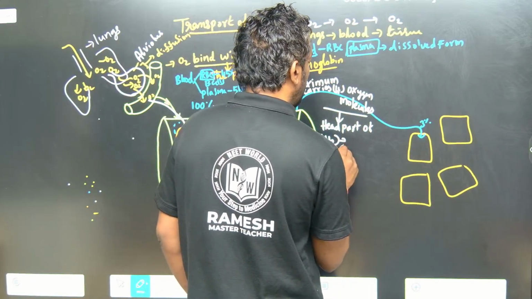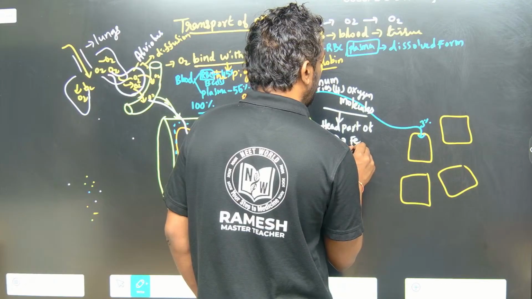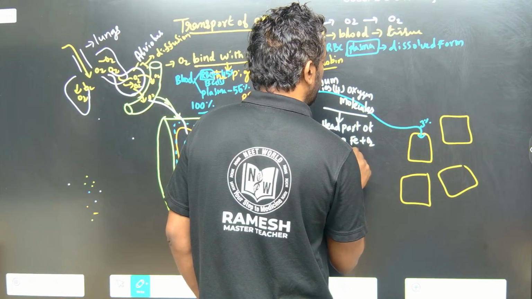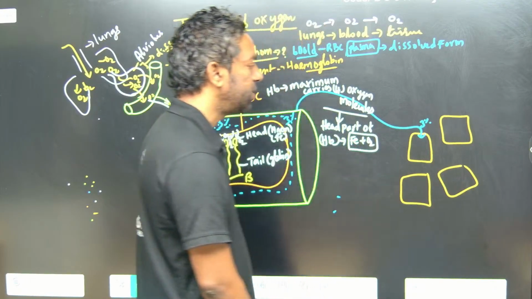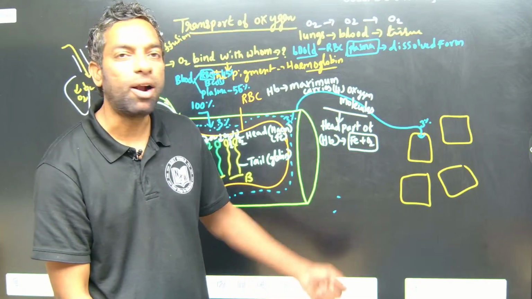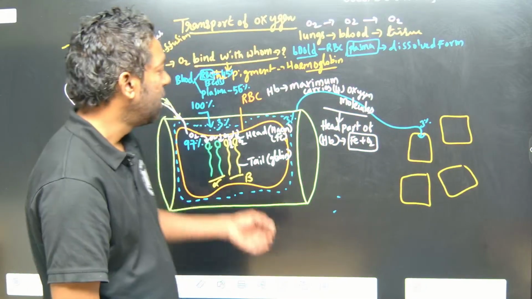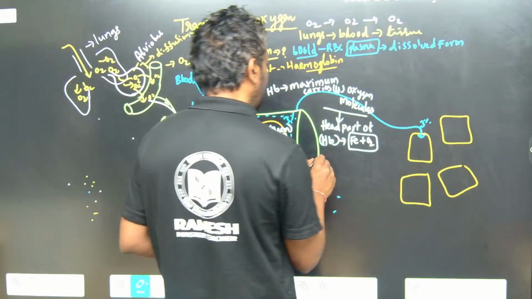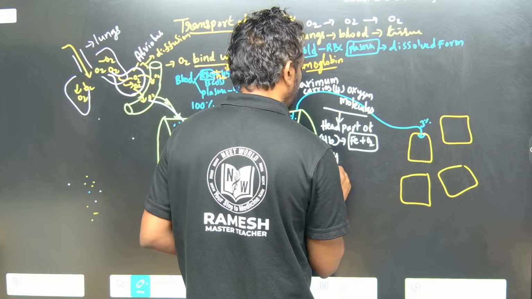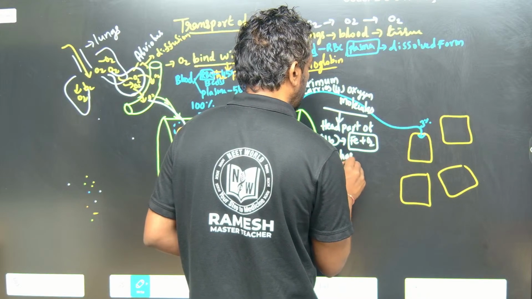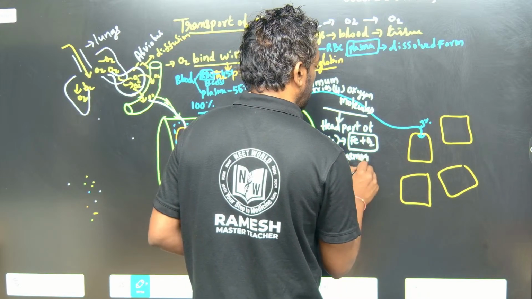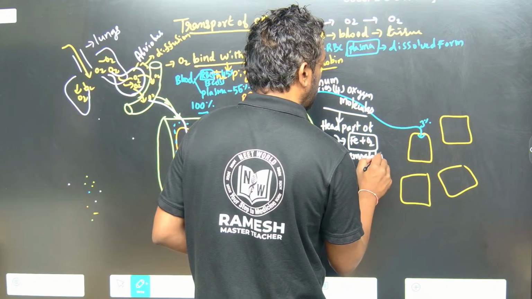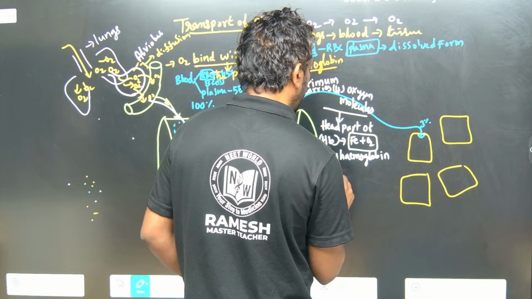The head part contains iron, and iron plus O2 bond in an oxidized state. The partial pressure in the oxyhemoglobin is 95 mmHg.